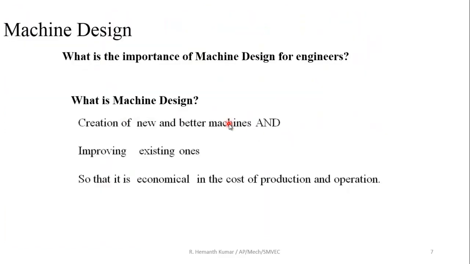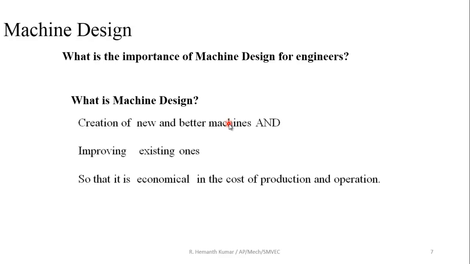Okay, actually, what is machine design? Let's discuss. It's nothing but creating a new and better machine. Actually, a machine is already there. Why do we have to design and improve it? There is a machine which we are using, but we have to design and improve it.